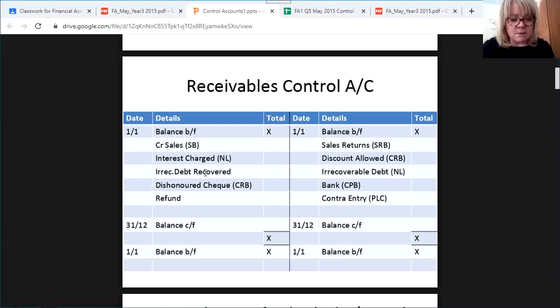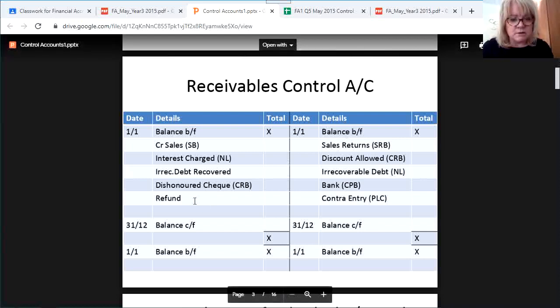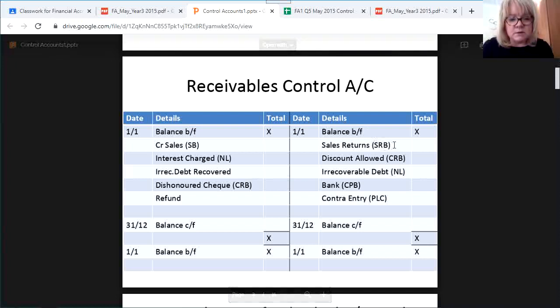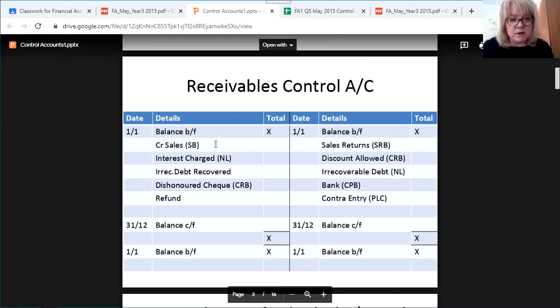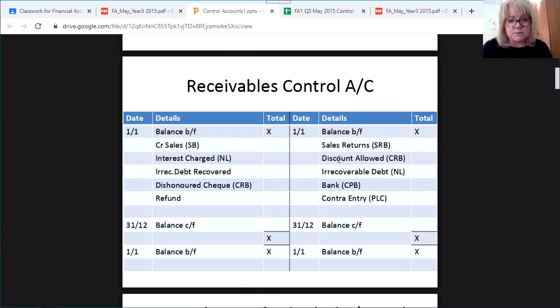Irrecoverable debt that comes back on the books to be recovered will be added in there, where any dishonoured cheques will come back in to be receivable, and refund on any credit balances will also go in there on the debit side. On the credit side you will have sales returns that will offset against your main balance, so sales on the debit, sales returns on the credit.